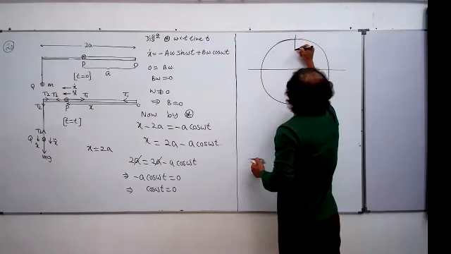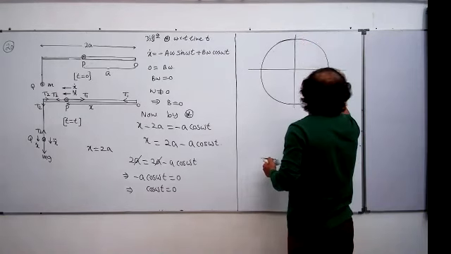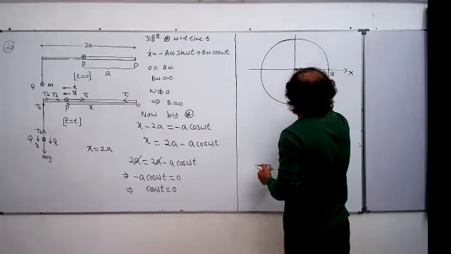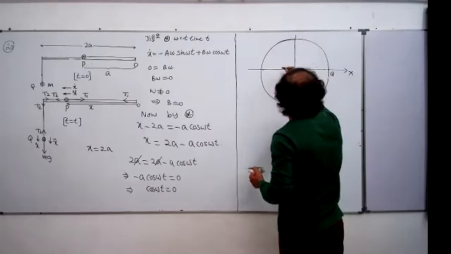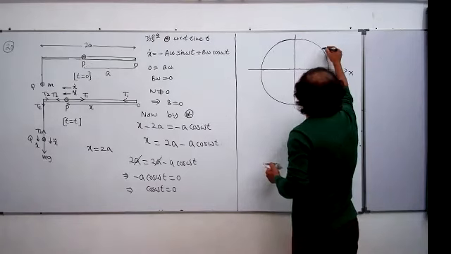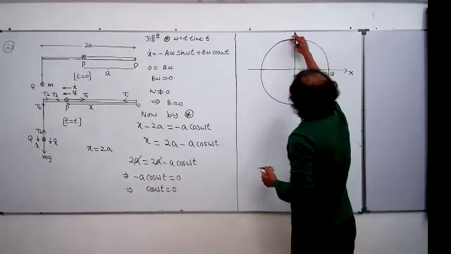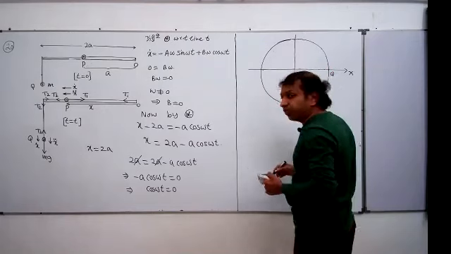Suppose like this: the point Q moves on the x-axis under simple harmonic motion. Then the point P moves on the circle in circular motion. You can very clearly understand.